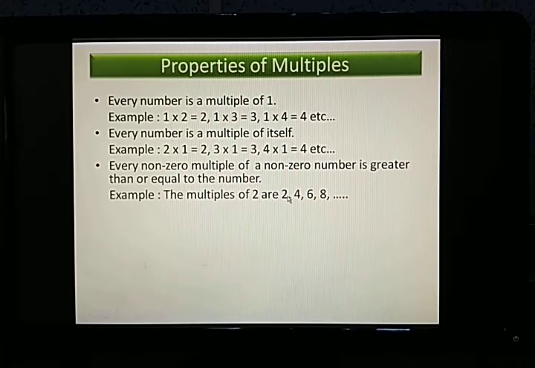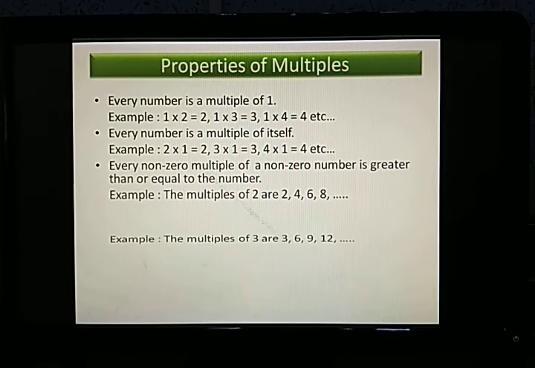The multiples of 2 are 2 into 1 is 2, 2 into 2 is 4, 2 into 3 is 6, 2 into 4 is 8. So if you see carefully, the multiples are either equal to 2 or greater than 2. These numbers are greater than 2: 4, 6, 8. So this is what the property says, that whenever you find a multiple of any non-zero number, those multiples will always be equal to or greater than that number, but not less than that number.